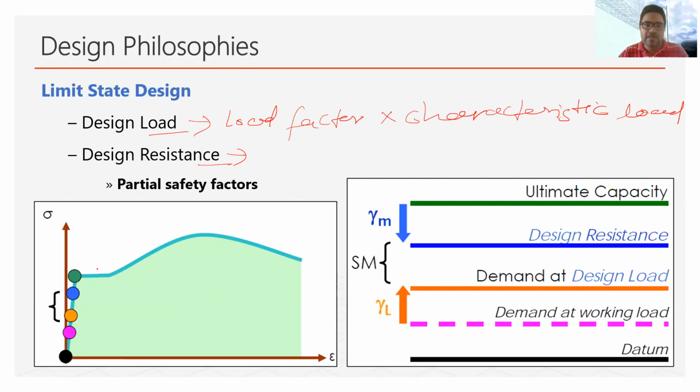So, yield strength divided by factor of safety.